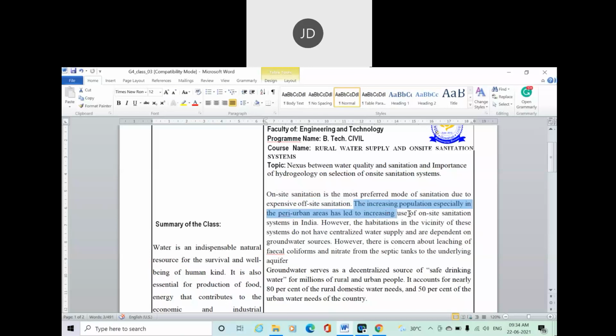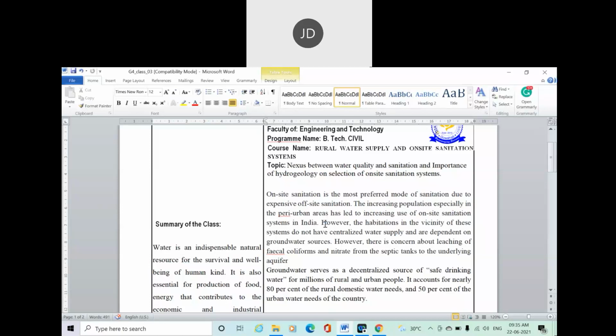The increasing population, especially in peri-urban or urban areas, has led to increasing use of on-site sanitation systems in India. Peri-urban means semi-urban, basically, or you can say rural areas. I also told you that what kind of sanitation process you adopt depends on how many persons will benefit from the technique.